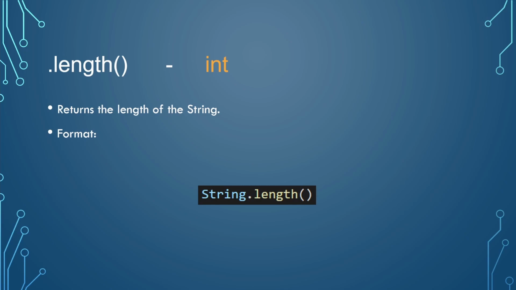So of course the .length function gives us the length directly rather than using a for loop or any other loop for that matter. And what it does is return the length of the string. Here is the format. String over here would be the name of the string. And we don't need any parameters, since we're just directly taking the length of the string.